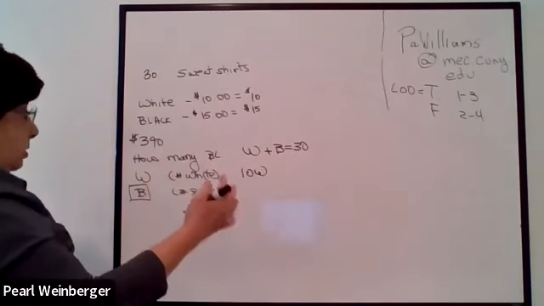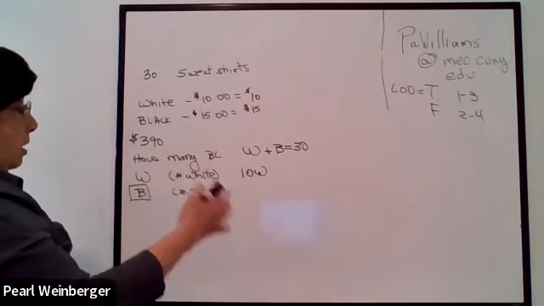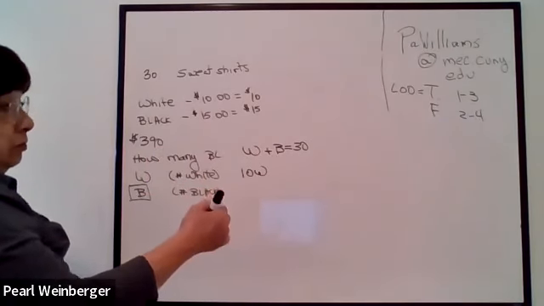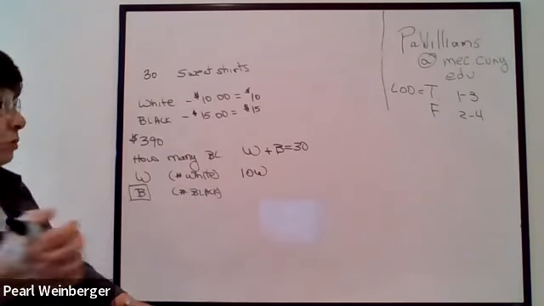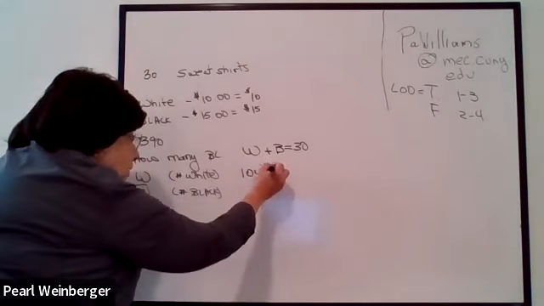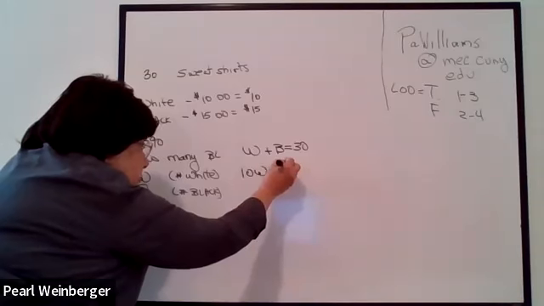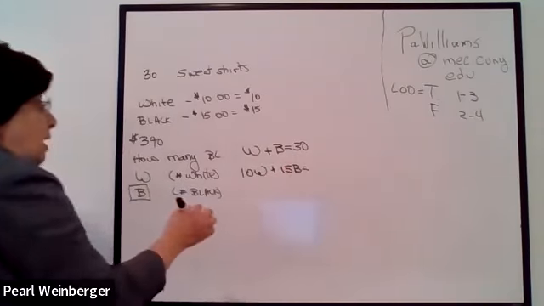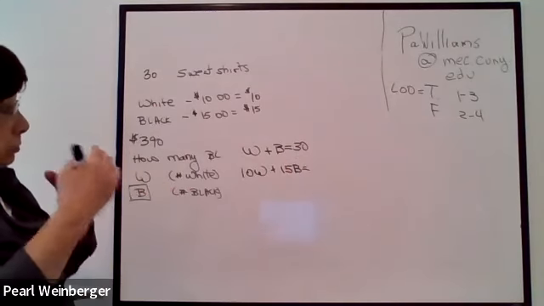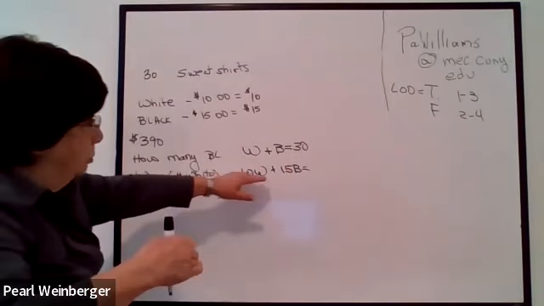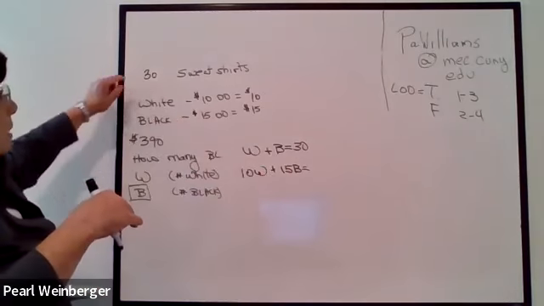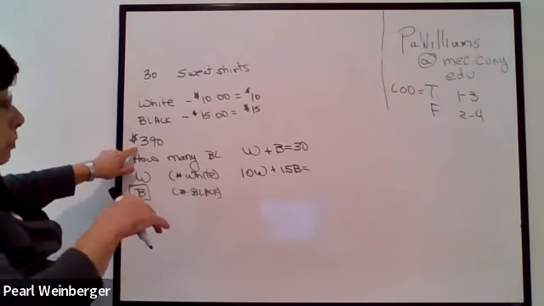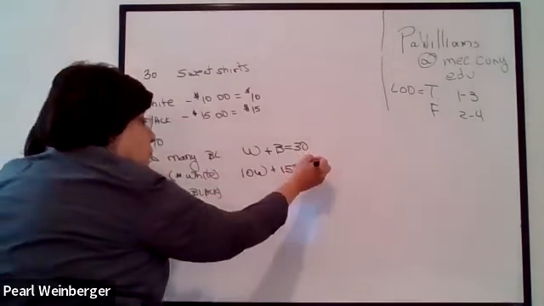Like if there are 10 white shirts, then you're getting 10 times 10 or $100 for the white sweatshirts. But for the black sweatshirts, we're getting $15, so that becomes 15B. And the 10W plus the 15B, which is including the money, will give us the total amount of money we made, which is $390.